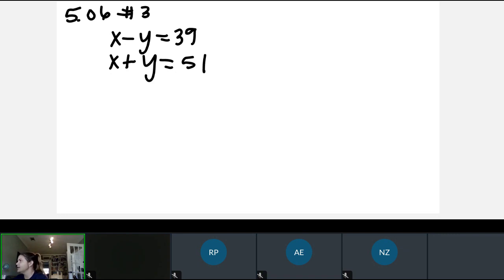And then what do you get on the right-hand side? So put your equal sign. Go ahead and do the equals, whatever's on the right side of the equal sign.